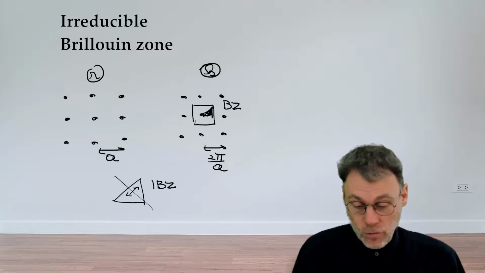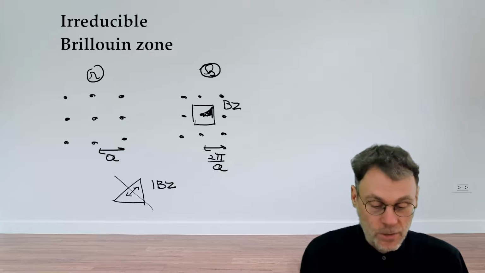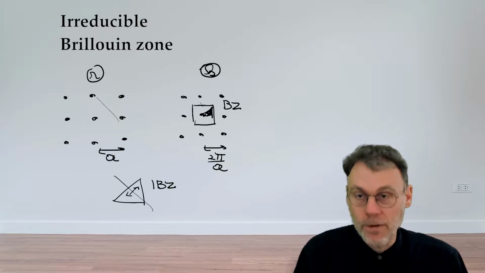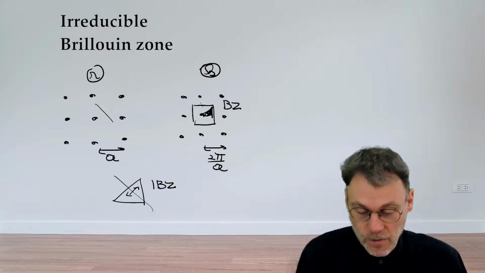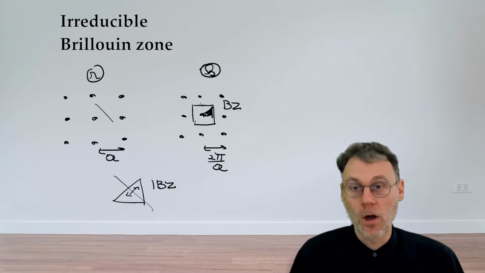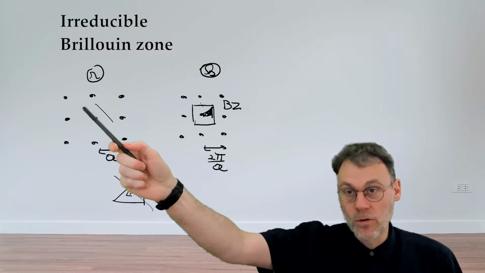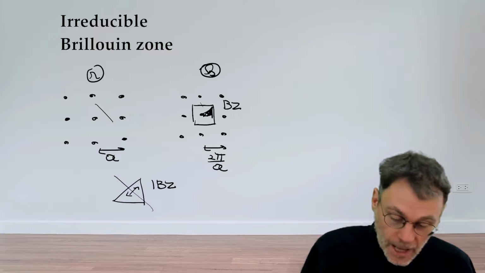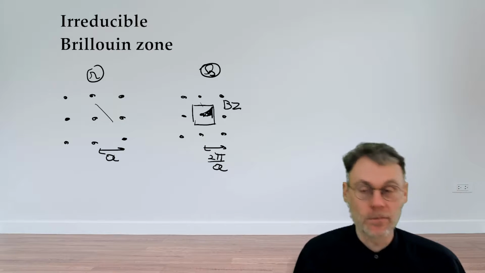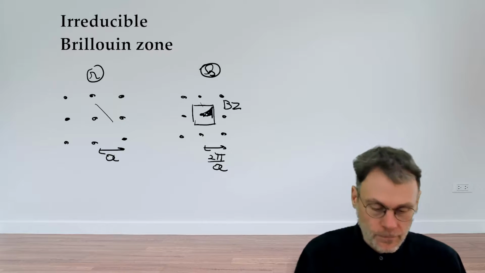That's of course true strictly for this triangle, but this mirror symmetry is not a mirror symmetry that's present in your actual crystal in real space, right? So only exploit symmetries that are actually present in your real crystal, not in the shape that the irreducible Brillouin zone ends up having in k-space. That's just something you need to be aware of.